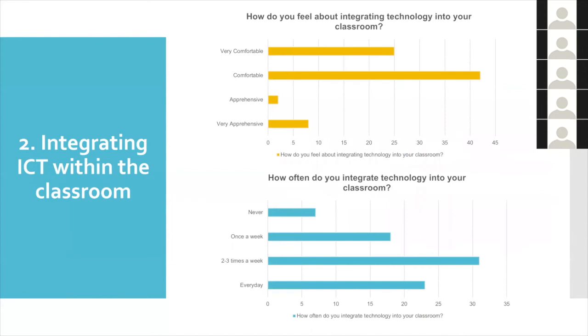This saw 54% of participants stating they were comfortable in integrating ICT into their classrooms, whereas 10.3% of participants stated they were very apprehensive. When participants were asked how often they were integrating ICT into their classrooms, 40.2% of participants responded with 2 to 3 times a week, while 9% expressed they never integrate ICT into their classrooms.